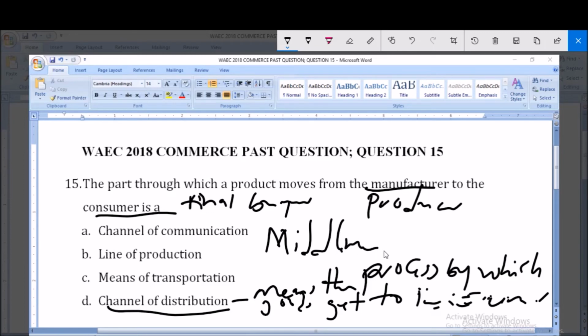When we talk of middlemen in this process, it means the wholesale people who buy in wholesale and also sell to others. Then we also have the retailers. The retailer sells in units to the final consumer.